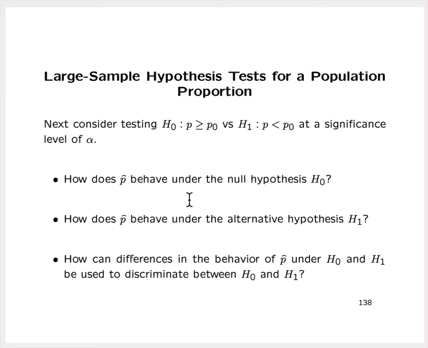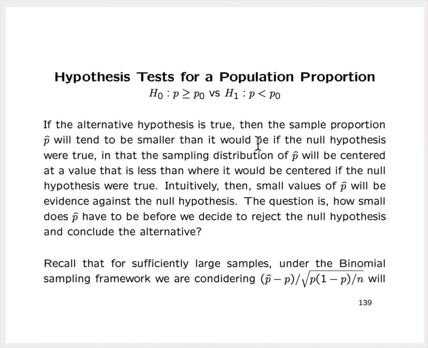And so there will be a fairly significant probability of observing a value of p hat in the vicinity of p, wherever p happens to be. If p is greater than or equal to p naught, then we would expect to see larger values of p hat than if the alternative were true. And that's what we're saying here on the next slide.